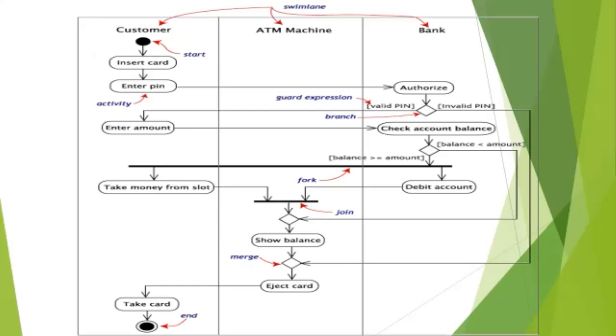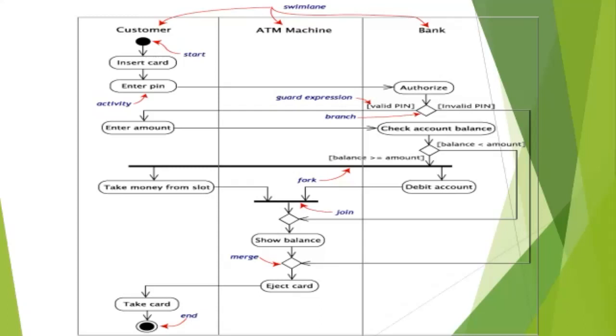In this diagram, customer, ATM machine, and bank, these three organizations perform their own operations or activities, and these three are called swim lanes, and we differentiate these three in the form of boxes, from which we can easily understand the operations of the three.